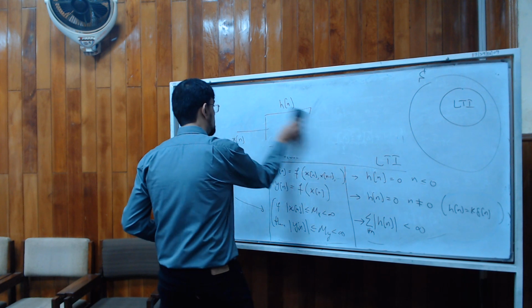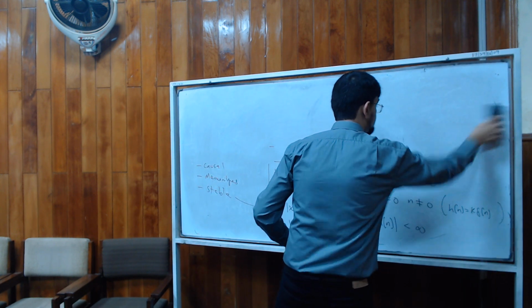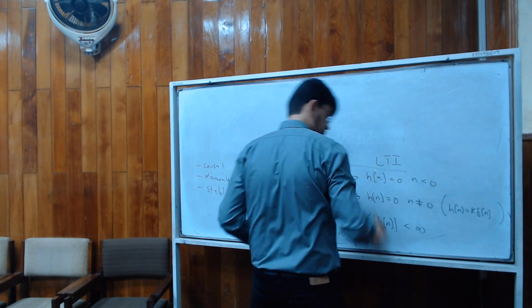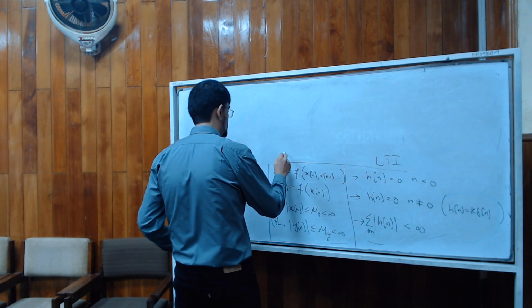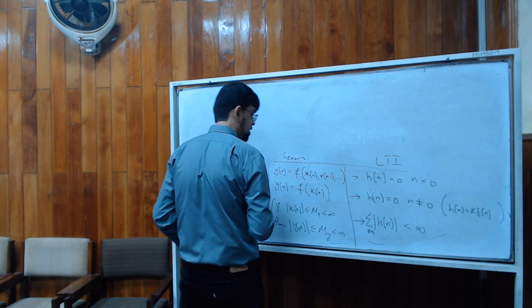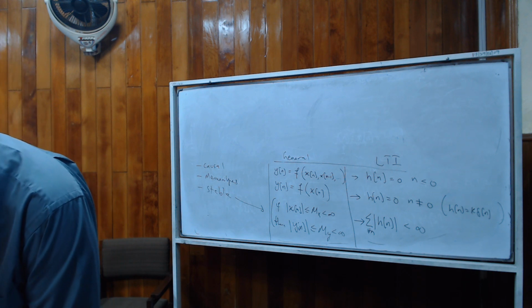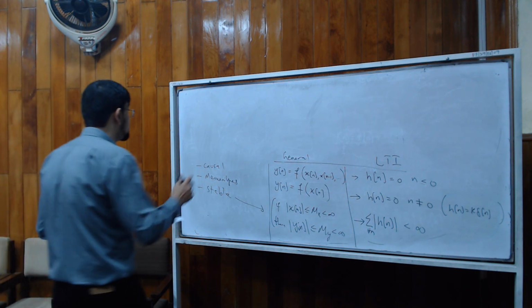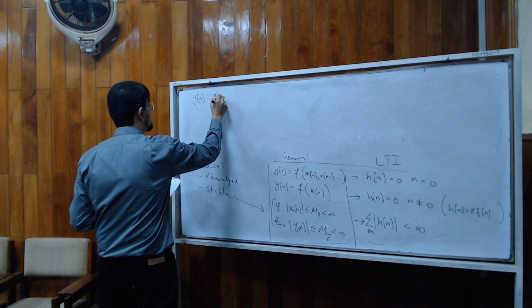Where is it coming from? Let's see. This is here for a general system. Now we have written the output as a convolution, and as we know, convolution is commutative, so we can write it in different ways.